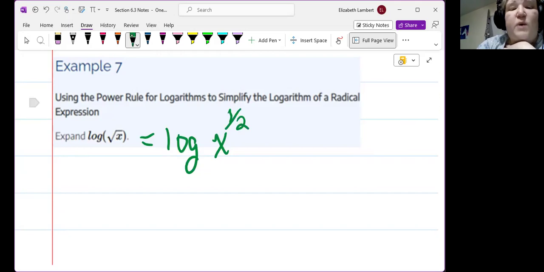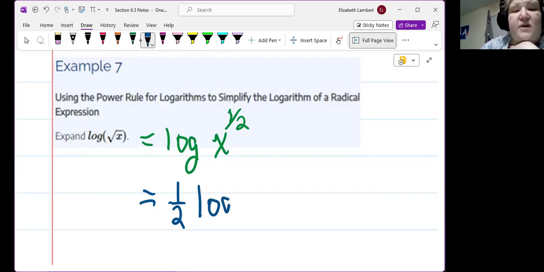So the square root of x is the same as x to the 1/2. And then we use our power down rule. And so now we have 1/2 as the coefficient in front of log of x. So if you see a radical, don't freak out. Just remember, oh wait, that's just a fraction.